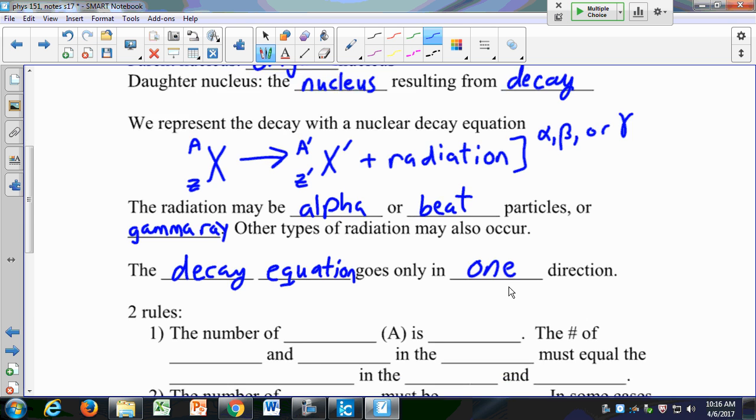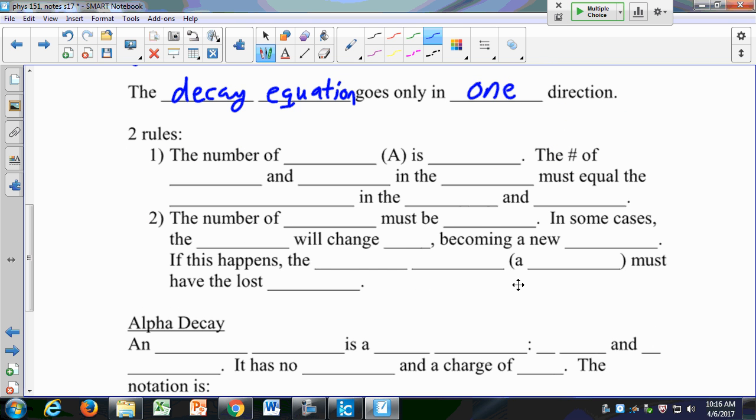And a couple of rules. We'll wrap up soon, but let's just get these rules down. The number of nucleons, remember A is the protons plus the neutrons, is conserved. We're not going to go losing nucleons around the place, okay? We've got to keep all those nucleons accounted for.